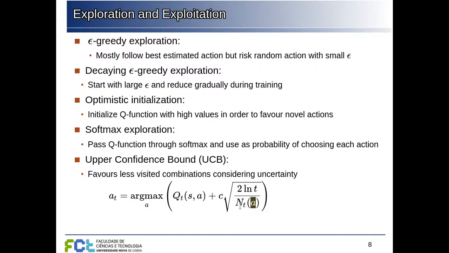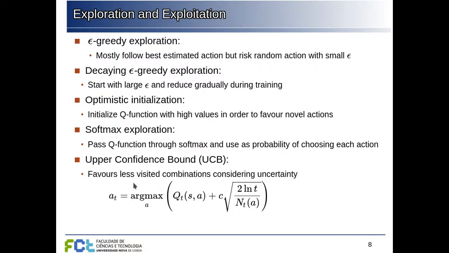If we chose action A a very small number of times, this will be a large term, and we add this to the expected return of choosing action A at state S. This is the Q function that tells us what to expect for discounted future rewards and the overall return if we choose A at state S. But we add this uncertainty term that will favor actions that we didn't try too many times before.